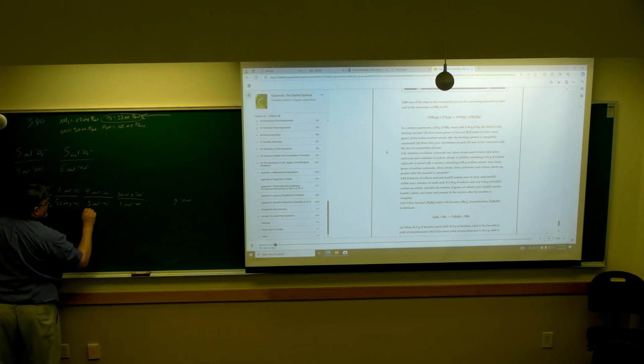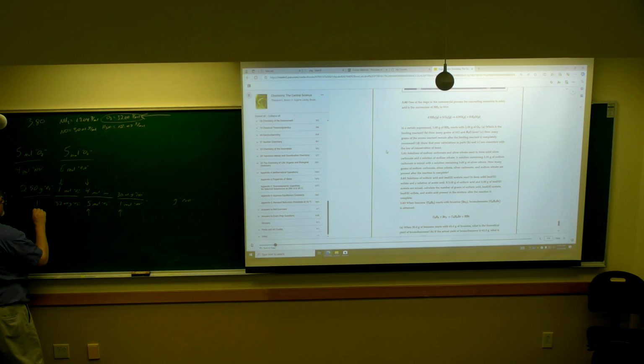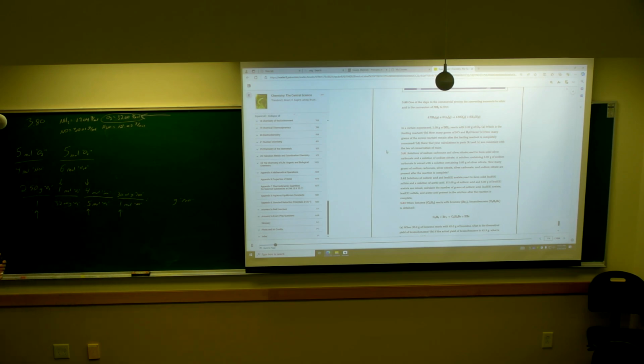These are exact. You're getting those coefficients from the equation. Those are all exact. So again, I've got 4 significant figures.